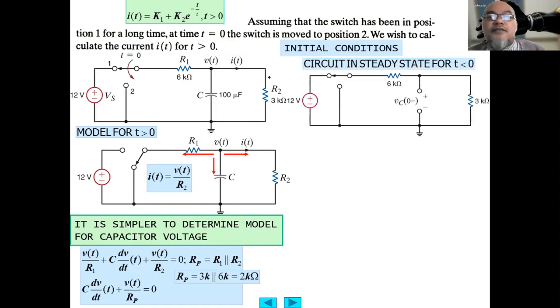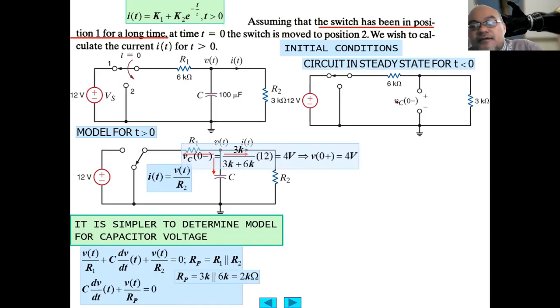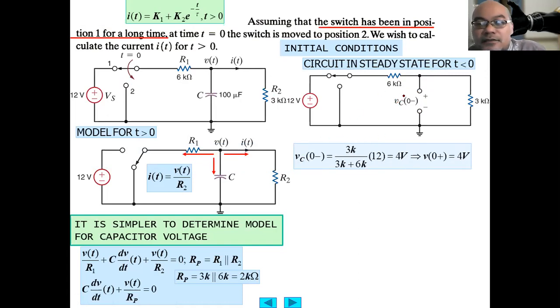Then the initial condition is found when the switch is still in position 1. We want to know Vc at 0 minus, which is basically a resistor voltage divider.